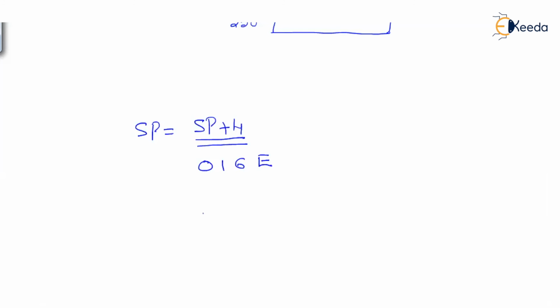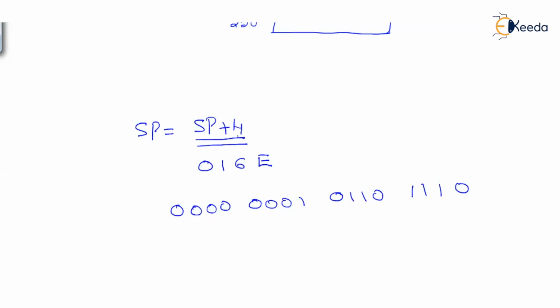Converting it into binary: 0 is 0000, 1 is 0001, 6 is 0110, E is 1110. This is the binary equivalent of the hexadecimal value, because every digit has a corresponding 4 bits.